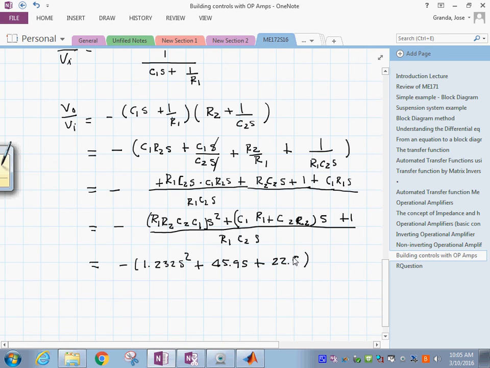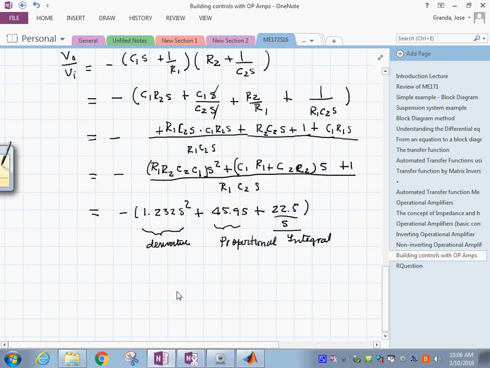This is why it's called a PID controller, and it stands for proportional, integral and derivative control. So I just wanted to show you how, when you put the numbers, you have built this PID controller with this circuit right here. That was the objective of this exercise.